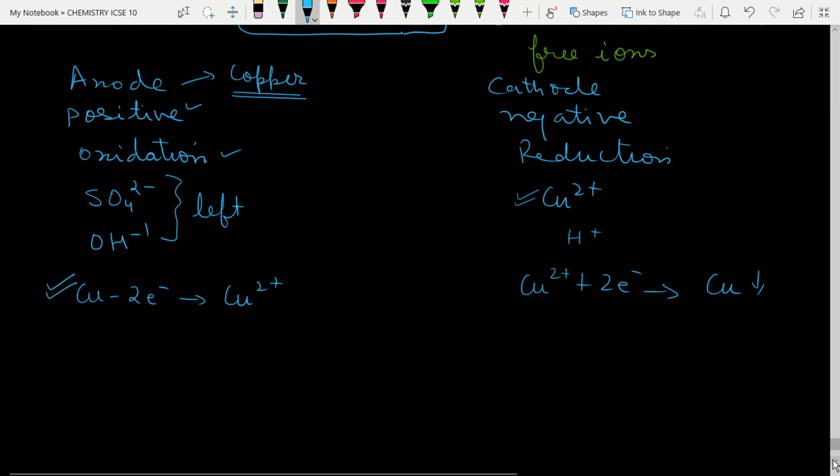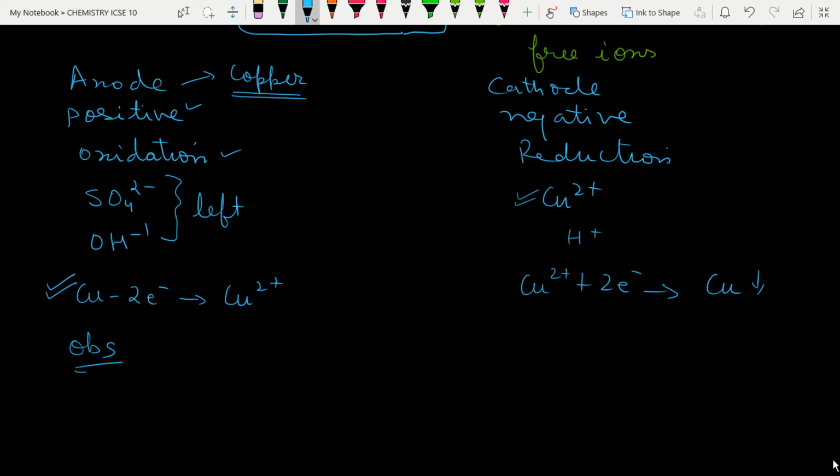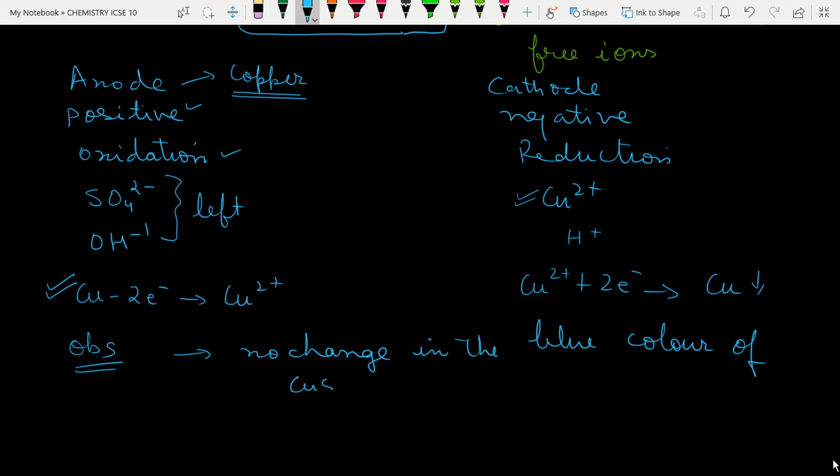The observation here of course is no change in the blue color. No change in the blue color of copper sulfate solution.